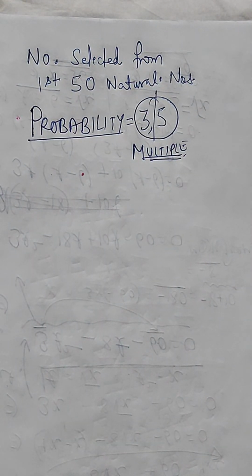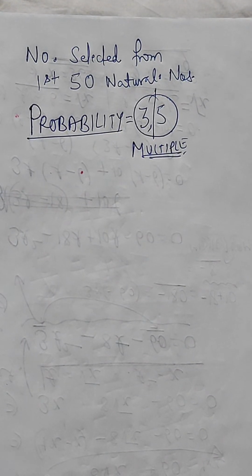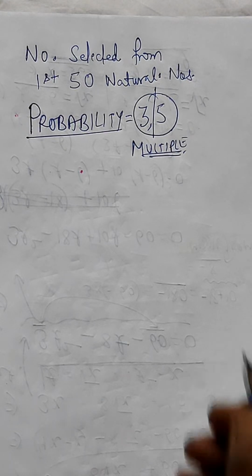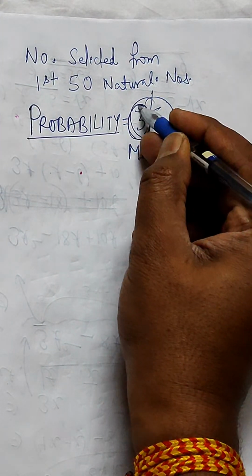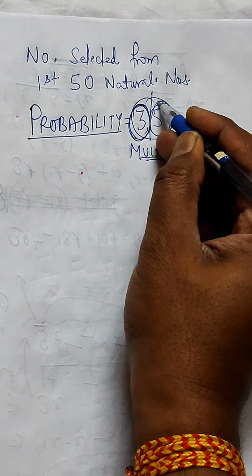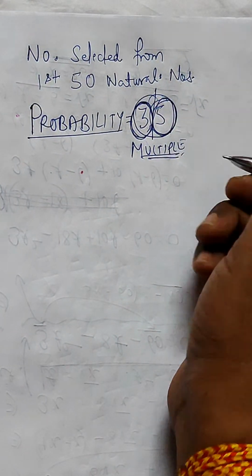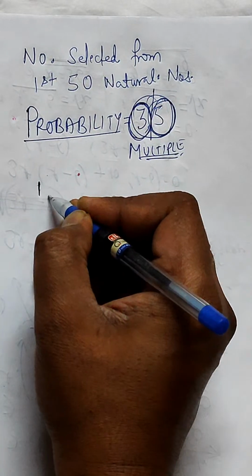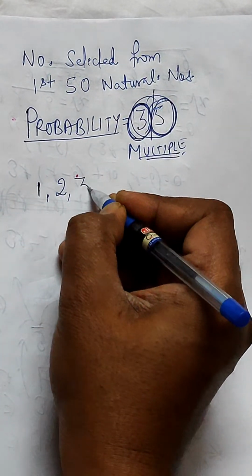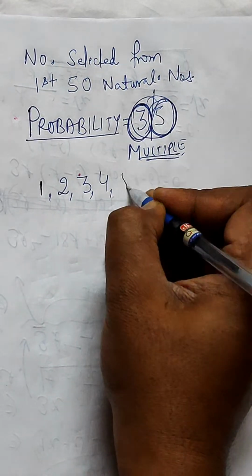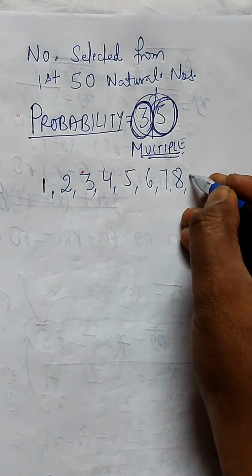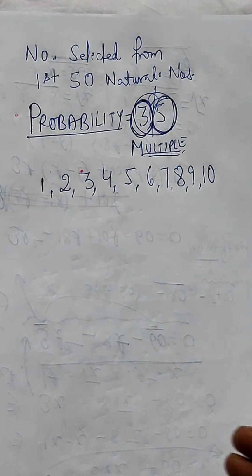Now, since the number is selected from the natural numbers 1 to 50, do one thing: just write all the multiples of 3 which are coming within 50 and all the multiples of 5 which are coming within 50. So just write all the numbers first. 1, 2, 3, 4, 5, 6, 7, 8, 9, 10, right?